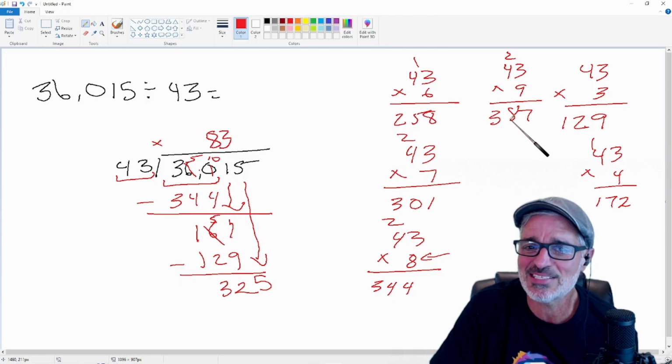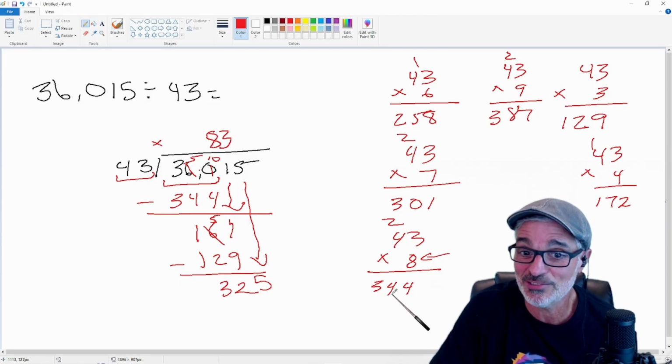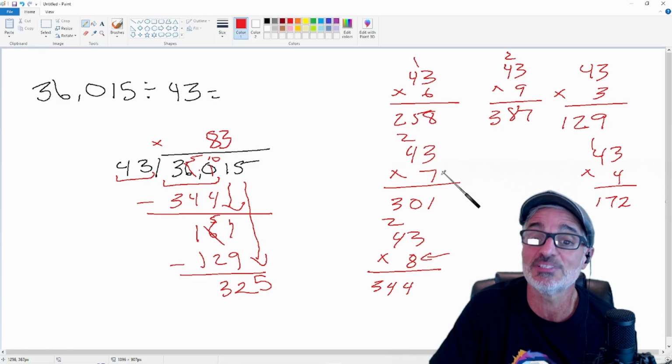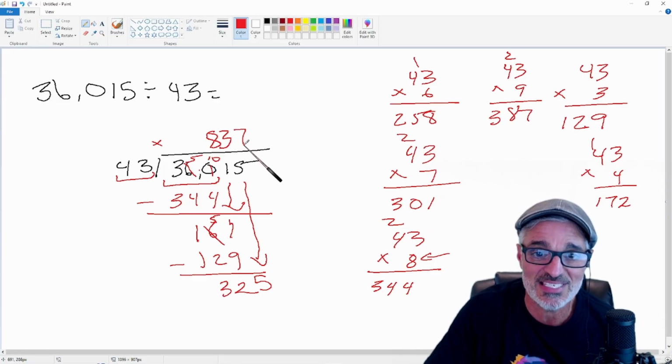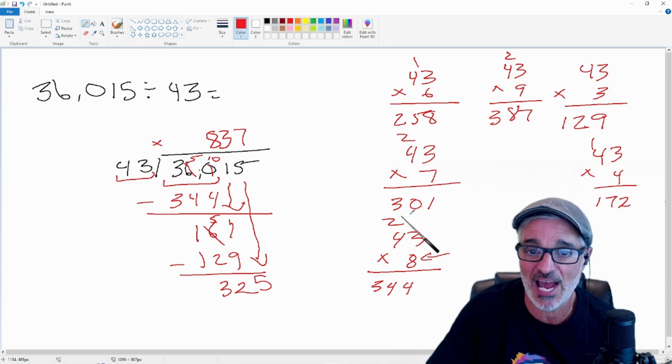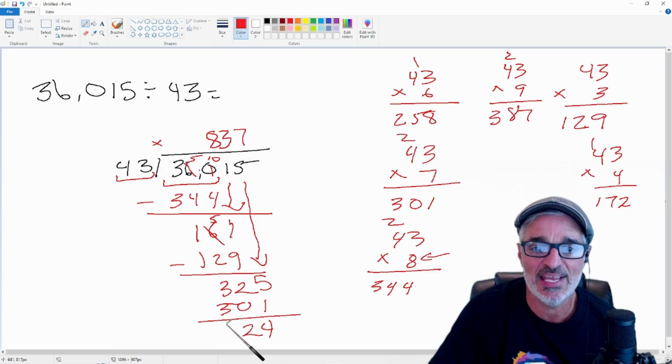No, that's 387. Can we use 43 times 8? No, that's 344. Can we use 43 times 7? Yes, because that's 301. So that would be 7. 43 times 7, I already have it here, 301. And now I subtract: 325 minus 301, 4 and 2 minus 0, 2. And that is my remainder.